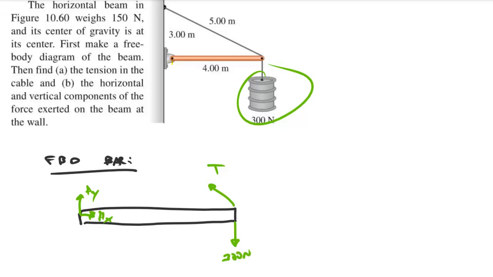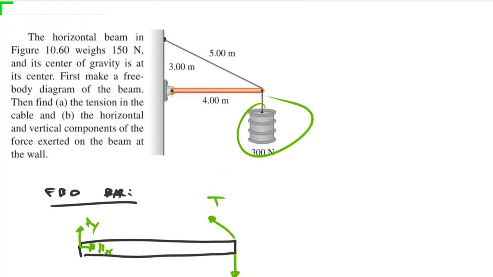And there's also a weight of the beam. It's 150 newtons, and its center of gravity is at its geometric center. So it would be right here, right? So we also have another 150 newtons acting down here. And we should dimension these as well.